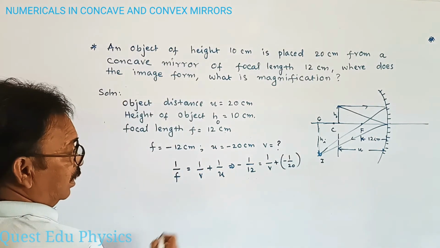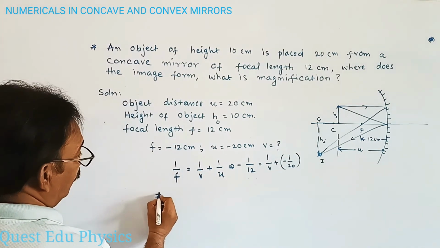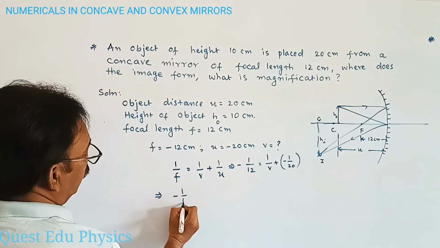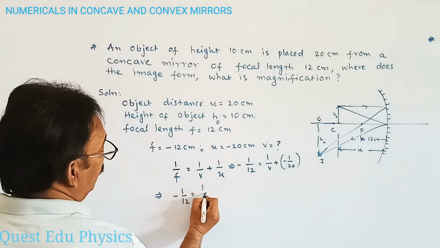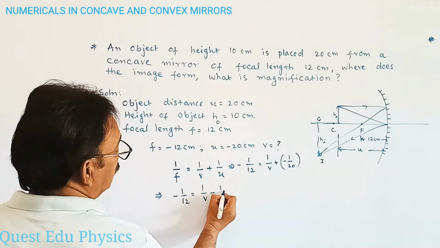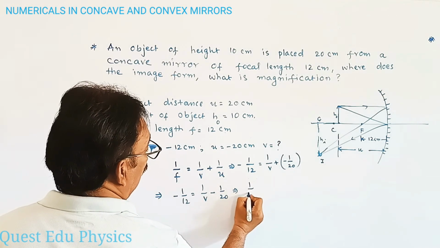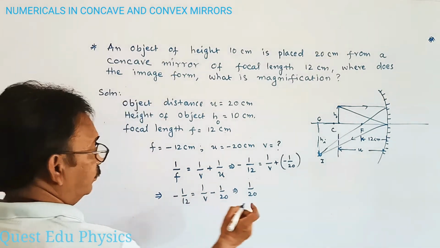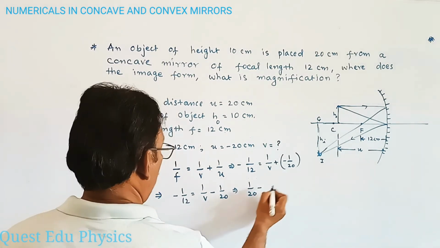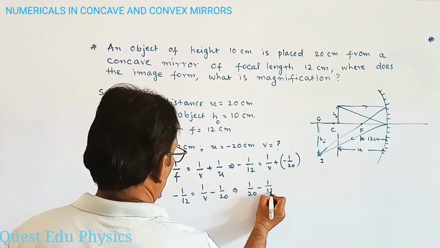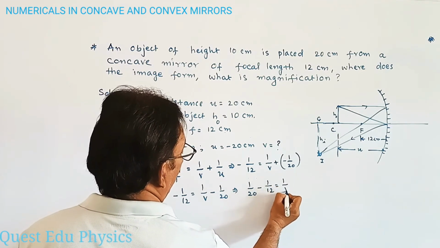So minus 1 by 12 is equal to 1 by v minus 1 by 20, or it can be written as 1 by 20 minus 1 by 12 is equal to 1 by v.